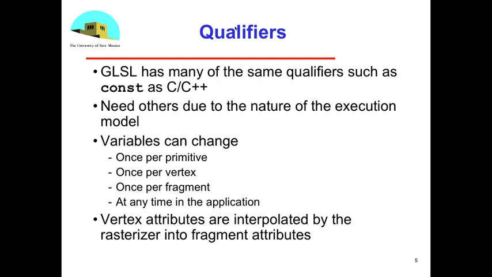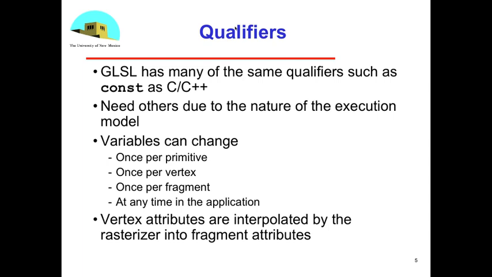Now remember, as part of this, that attributes that we send to the vertex shader, or things that are created in the vertex shader and sent on to the rasterizer, are automatically interpolated across the primitive to get values of that attribute for all the fragments being generated by the rasterizer.